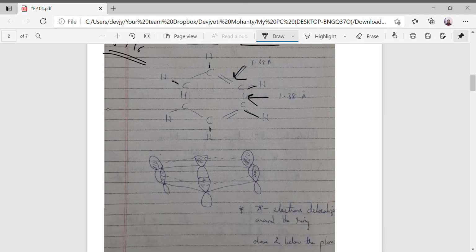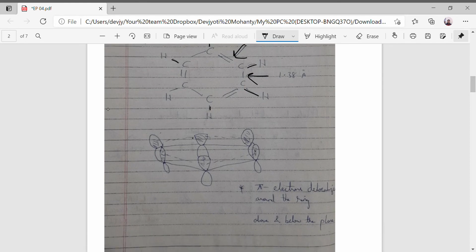And here it shows a 3D diagram which I have drawn with the help of a pen, so it is not clear. Actually, these are the pi electrons which are delocalized around the ring above and below the plane.